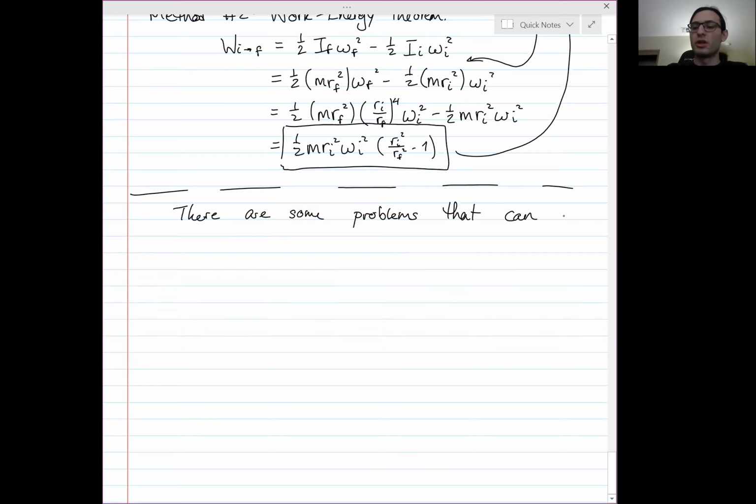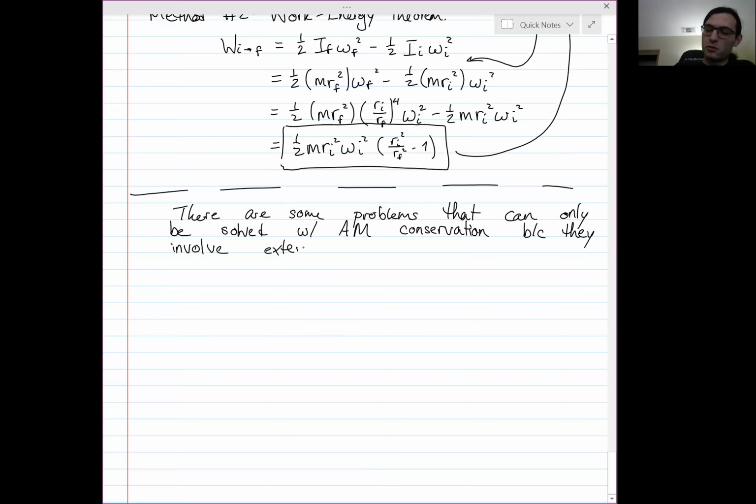Okay, maybe that's not true, but let me write this and then I'll add a caveat in a minute. That can only be solved with angular momentum conservation, and that's because they involve external forces. And once you have external forces, this ruins translational momentum conservation.